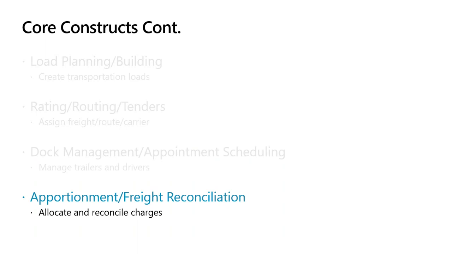And then finally, we have apportionment and freight reconciliation. This is more of the financial piece of transportation management. Apportionment is the term that means we are allocating the freight charges that we retrieved earlier in the rating process back to our sales order lines.